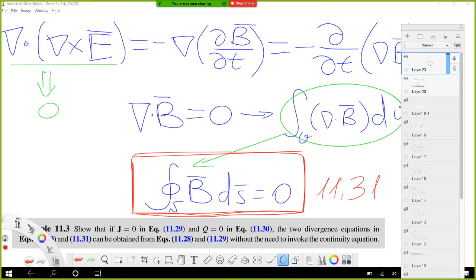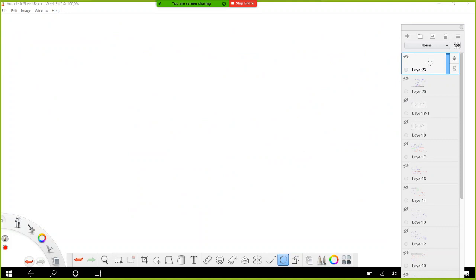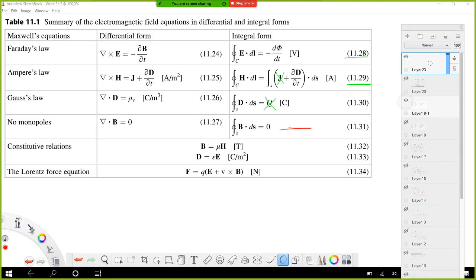Now, next, let's take equation 1129, or equivalently equation 1125.